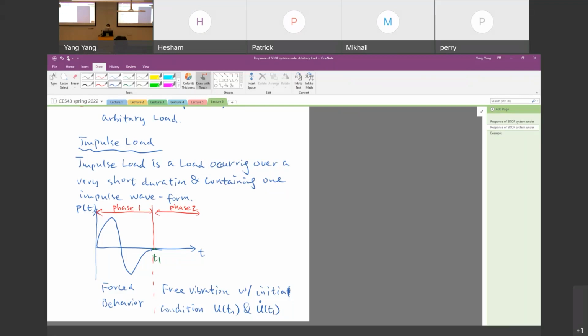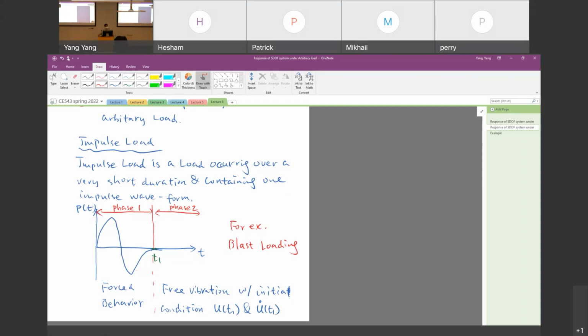Or you have a bullet that hits a bulletproof vest. Blast loading is also a good example here, the explosion of explosives.